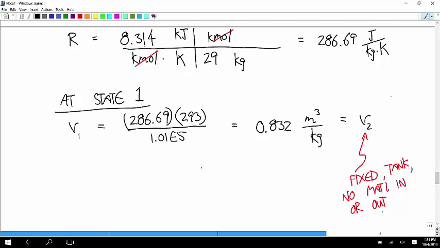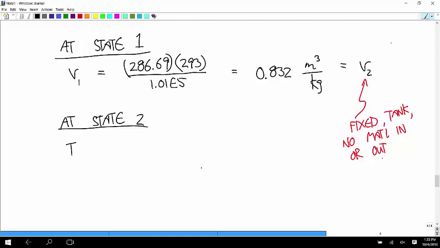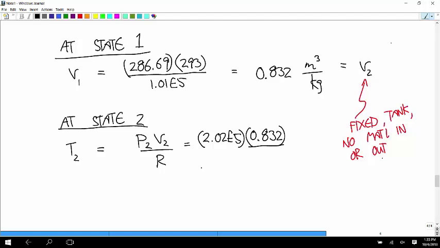So now at state 2, temperature 2 is equal to P2 V2 over R, and that's equal to 2.02 times 10 to the 5th times 0.832. And then R, I have everything now in SI units.